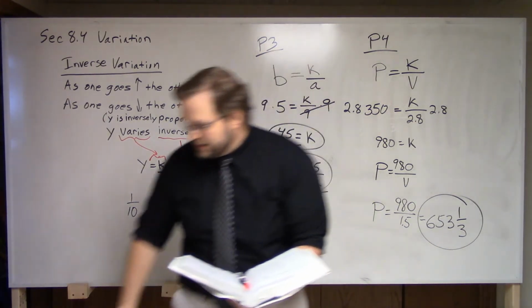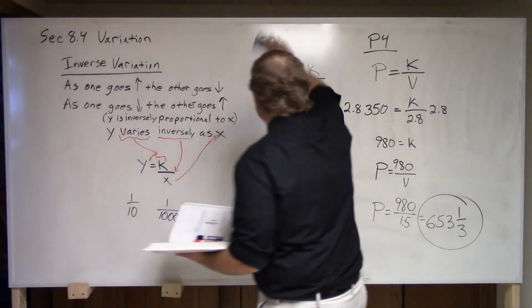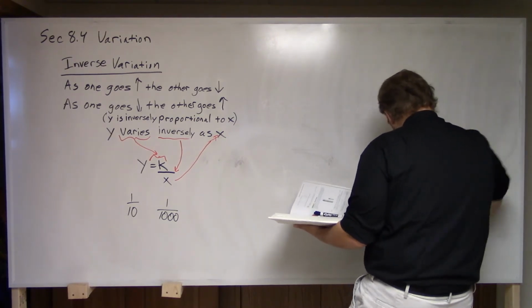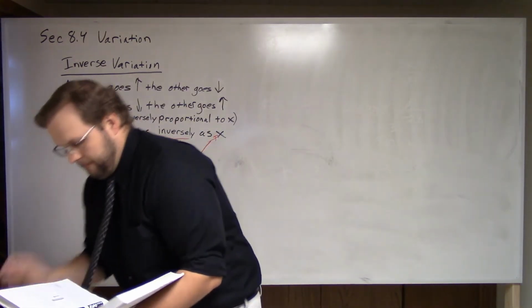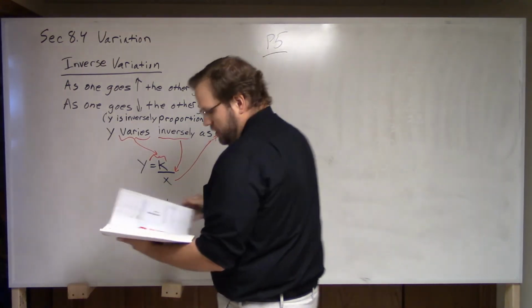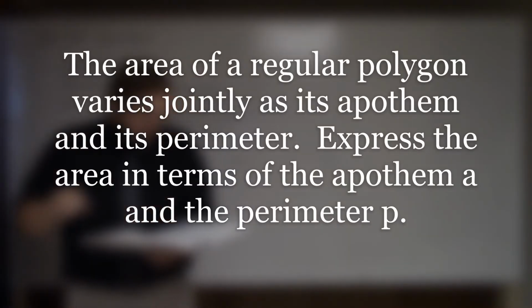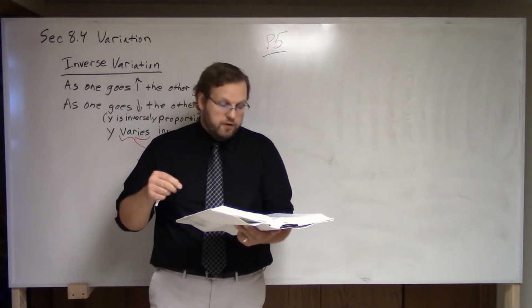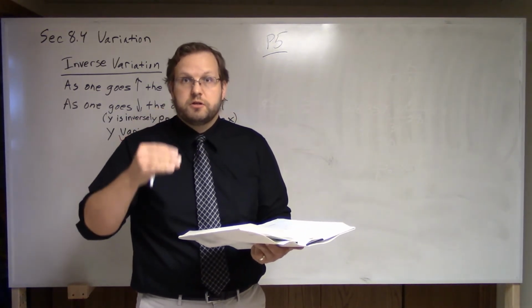Okay, let's look at an example. Let's go to practice 5. Practice 5 says, I'm on page 546. It says the area of a regular polygon varies jointly as its apothem and its perimeter. Express the area in terms of the apothem A and the perimeter P. Okay, so again, start off right away with the description of how these relate.